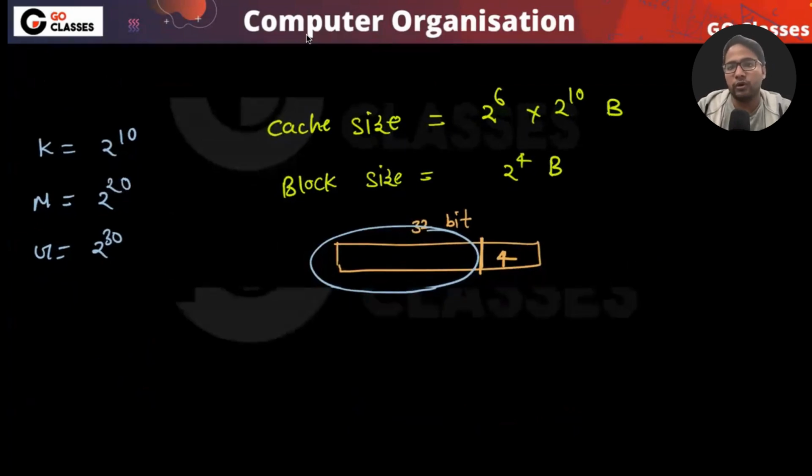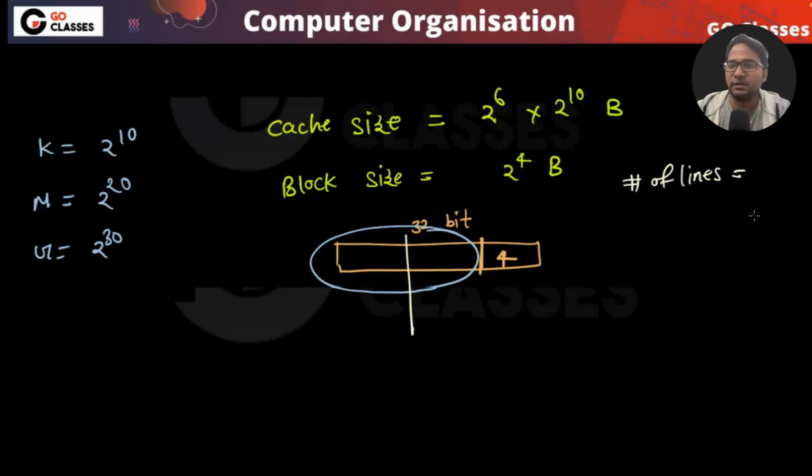Now you can further divide this block number into two parts, which we call index and tag. This is basically the line number or the index. How many lines should be there? The cache size is given to you and the block size is given to you, so the number of lines you can find out.